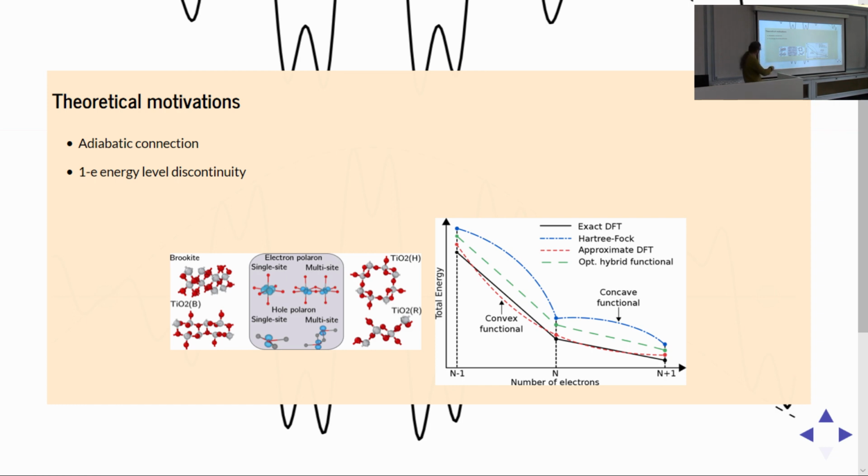One way that this is exhibited is if you could imagine taking a fraction of an electron out of a system. You can show theoretically that the energy of the system should change linearly with the amount of electron that you take out, up until you've totally removed an electron from the system, at which case there's a shift.